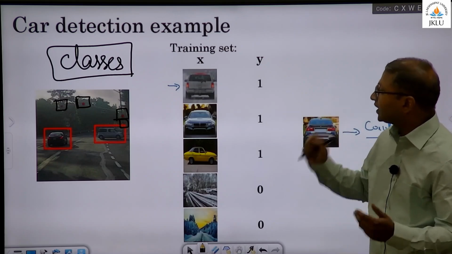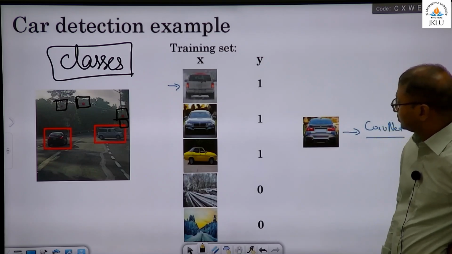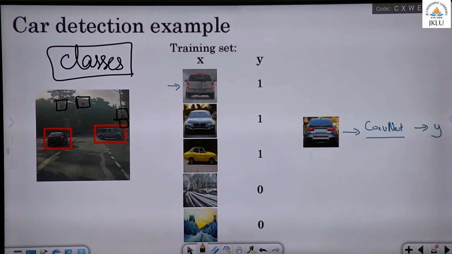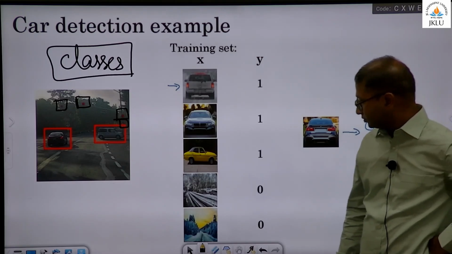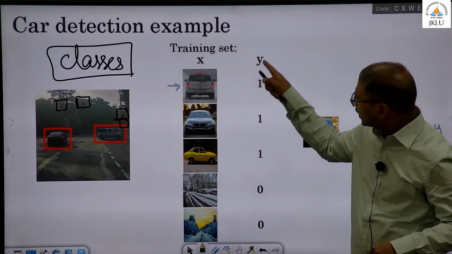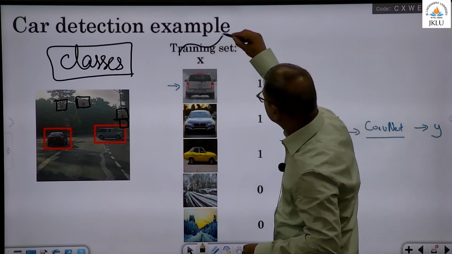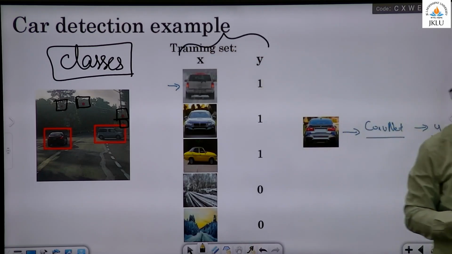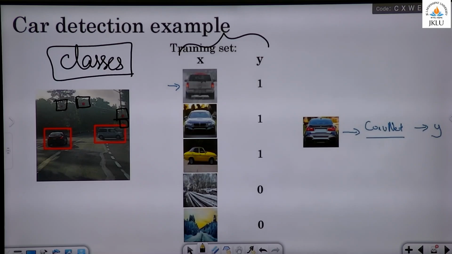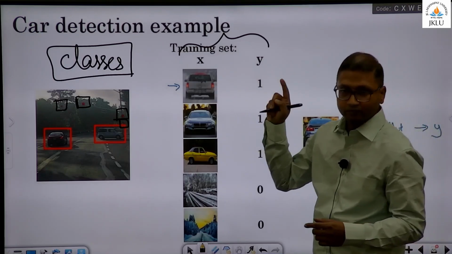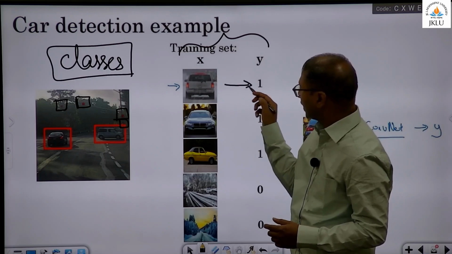So how do you prepare the training data set now? What is happening here? X is my input now. What happens if I input a car? Output is 1.